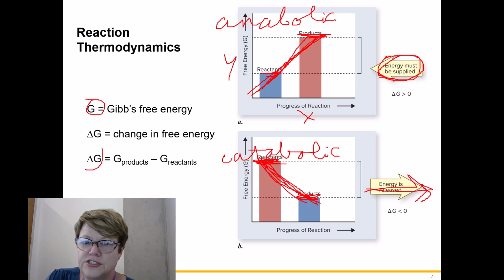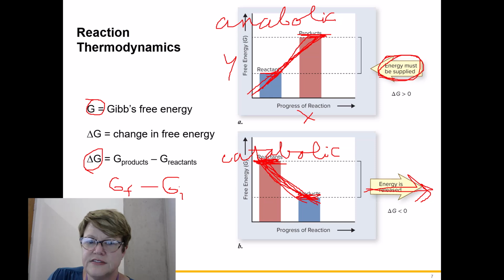So the change in G, the change in energy over the course of the reaction, is equal to the energy of the products, or sometimes we say G final, in this case G products, minus the energy of the reactants, G initial. Anytime you have a delta calculation, it's always going to be the final number minus the initial number.